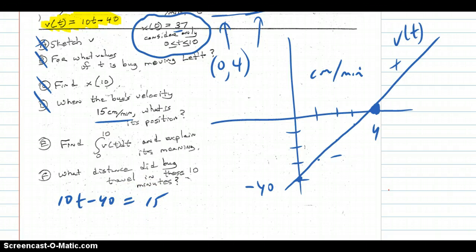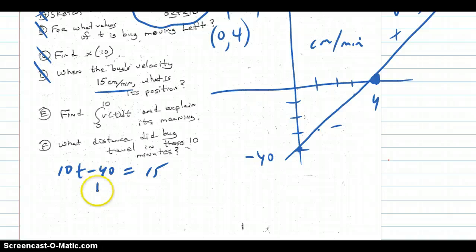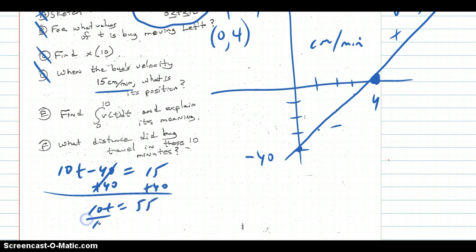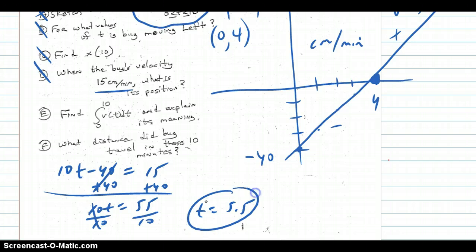The question is, when does that happen? So we add 40. Let's try you again, Joe. What's 15 plus 40? 55. And then dividing by 10, 5.5, I think, right?